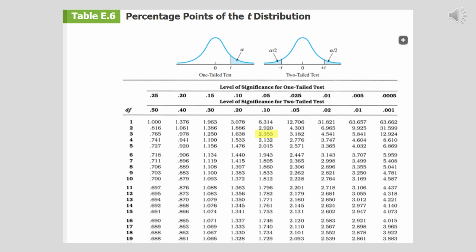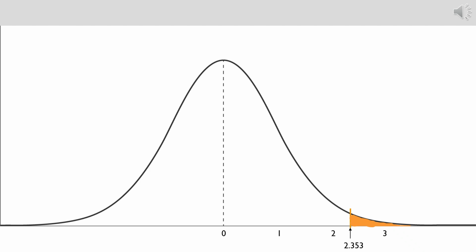And you can see that for a one-tailed test, the critical t-value is 2.353 if you have only 3 degrees of freedom.